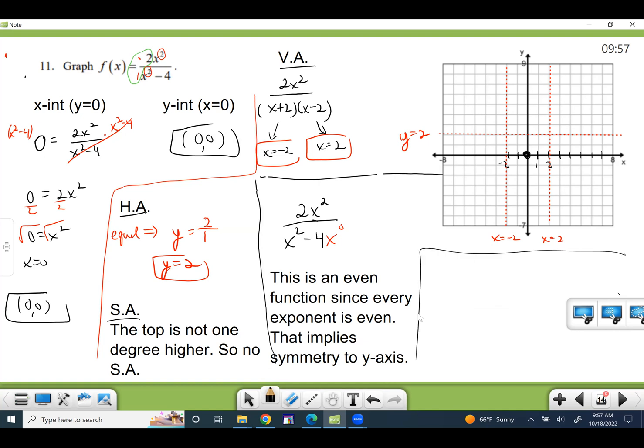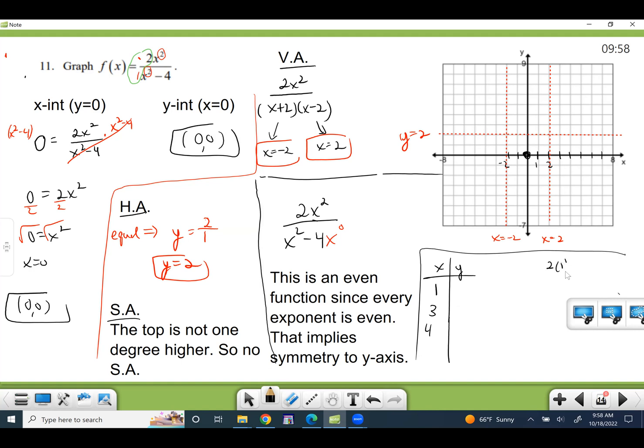So let's go ahead and do a t-chart. Some good values to pick would be 1, and then maybe a couple over here, like 3 and 4. That's just because I know Connect Math is going to say, hey, get at least 2 on each side of the asymptote, right?